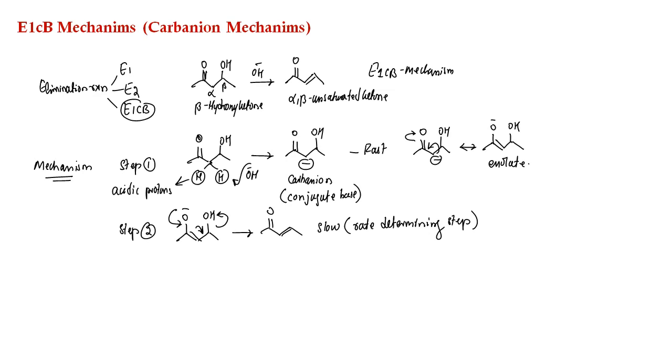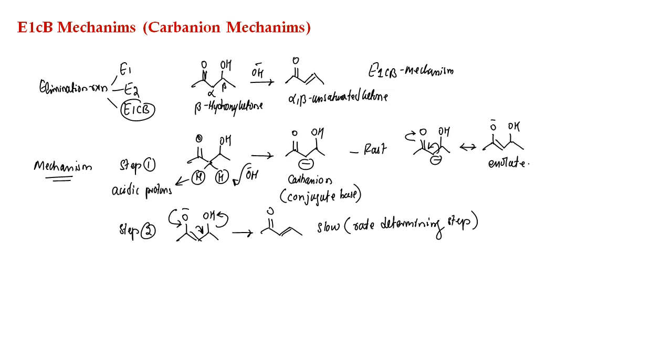So indirectly the rate of reaction also depends upon the concentration of base, and in fact it has been noted that the concentration of a base influences the rate of a chemical reaction. So generally we call it the E1cb mechanism because it is unimolecular in character and a conjugate base is involved during the course of a chemical reaction, so we call it a unimolecular conjugate base elimination reaction.